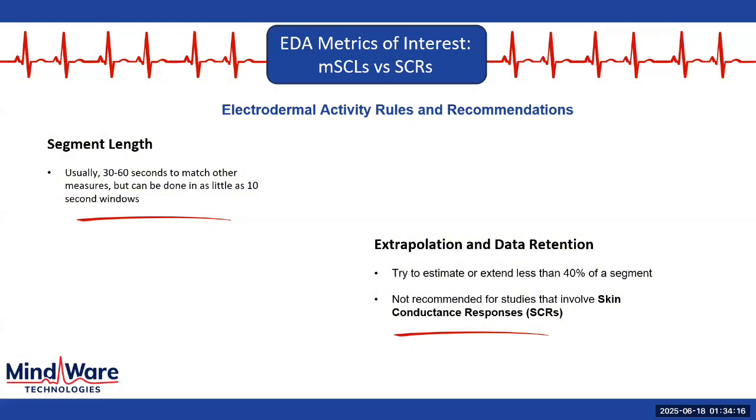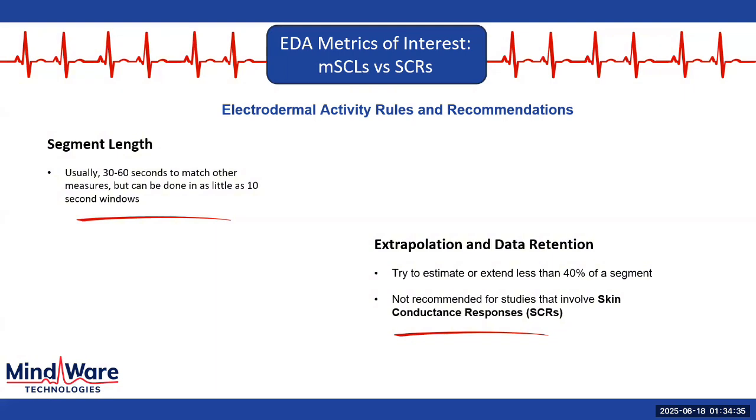So doing as little as possible can help with correlation to those other studies and keep consistency internally. If we have multiple raters that are cleaning these data, and we're looking to report on skin conductance responses, this would become somewhat tricky to make sure everyone's on the same page.